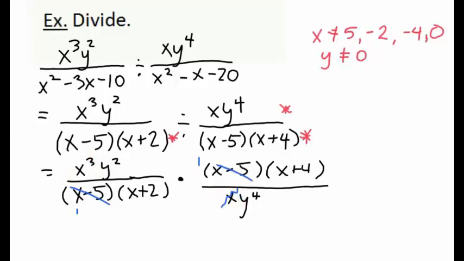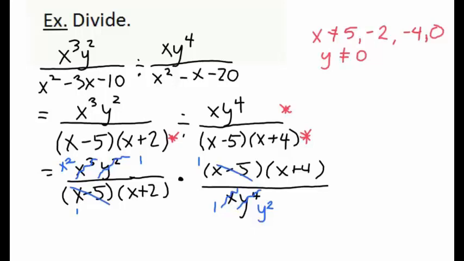So I'm going to get rid of one of those factors of x to leave us with an x squared in the numerator. We have 2 factors of y in the numerator and 4 factors of y in the denominator. So I can get rid of 2 factors of y in the numerator and 2 factors of y in the denominator, and that'll leave us with y squared in the denominator.